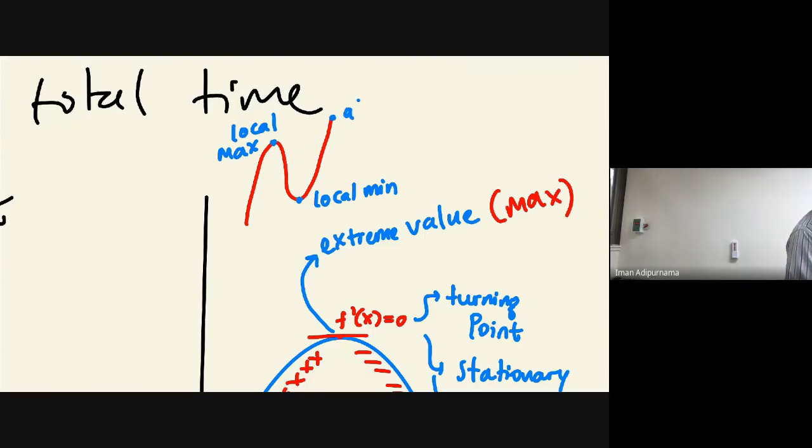So this point is the absolute max, and this is the absolute min. If, for example, there is an open interval like this, it means undefined, meaning there is no absolute min here.